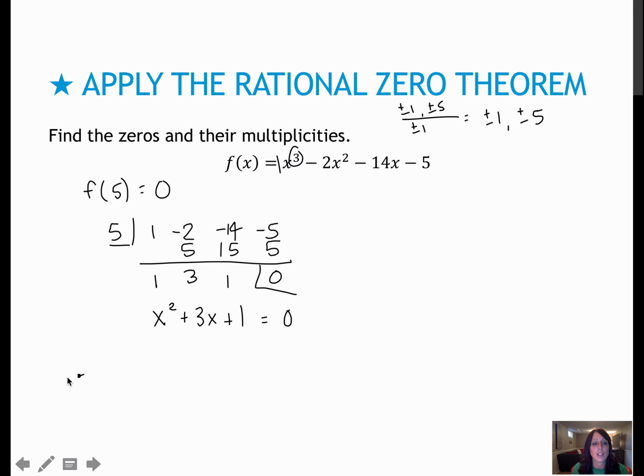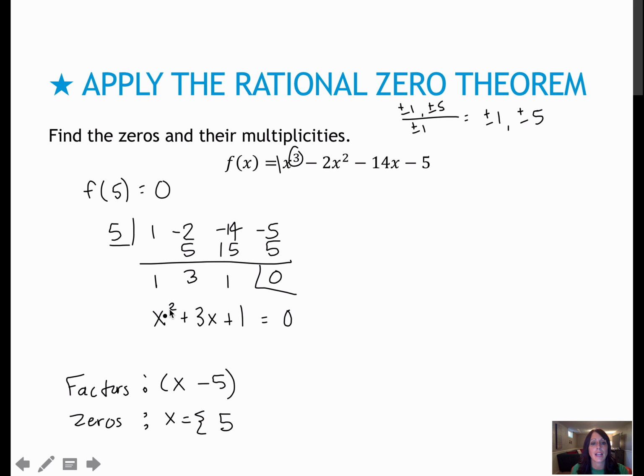So one of my factors was x minus 5. So I used positive 5 here, so it's x minus that. That's one of my factors. Zeros, so far, I've found positive 5.